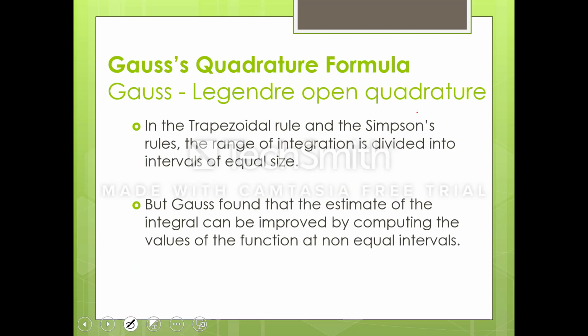Now, coming to the Gauss quadrature formula. In the trapezoidal and Simpson's rules, the range of integration is divided into intervals of equal size, and this division into equal size is a must for making use of those rules.